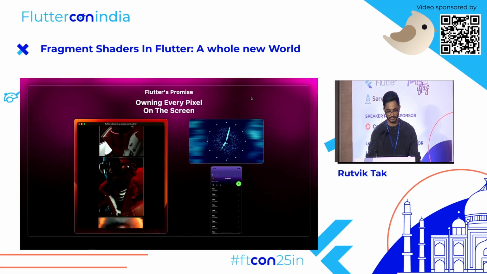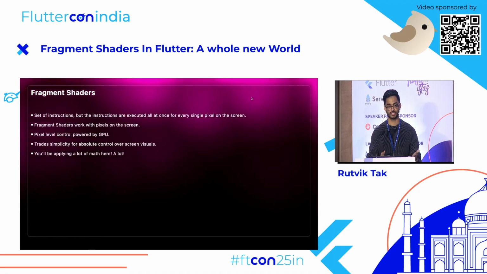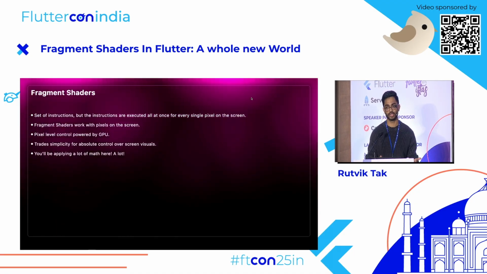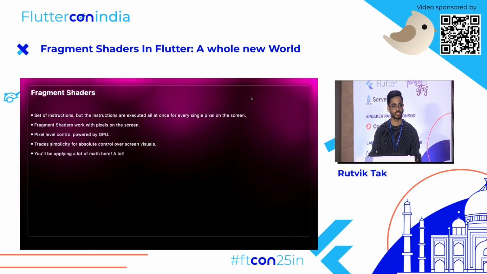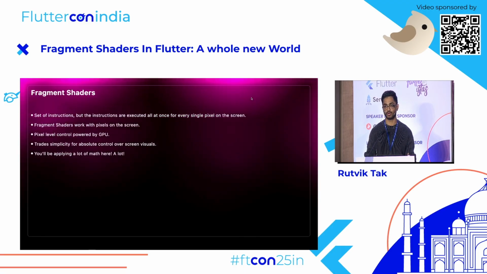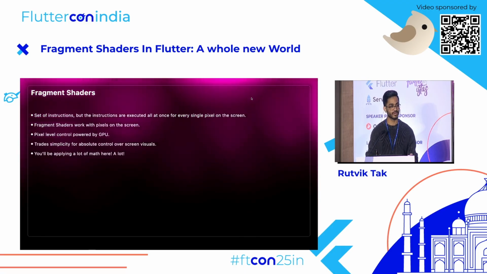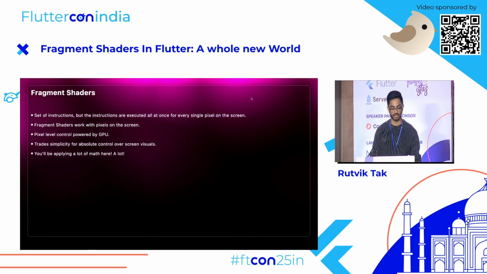All right. Now, a general idea of shaders. There are different types of shaders, like shaders that work in 2D graphics as well as those in 3D. But the one we are going to talk about, fragment shaders, are 2D shaders which work with pixels on the screen of your devices, and we deal with the pixel positions and their colors. Shaders are programs that are run for every pixel on your screen on the GPU in parallel.